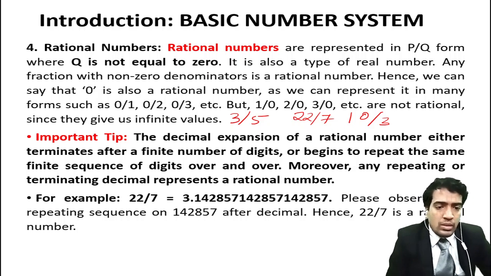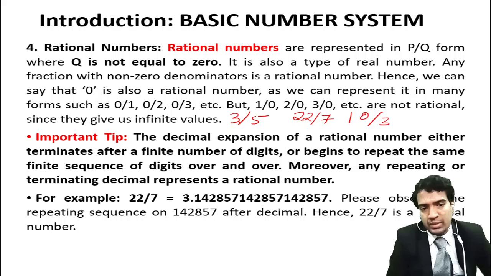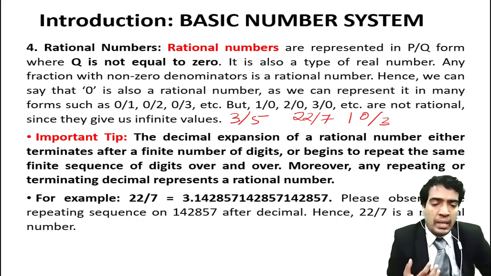So these are all rational numbers where you can represent the rational number in the form of p by q, where p and q are integers. They can be negative numbers, they can be positive numbers, except for the fact that the denominator should not be 0.